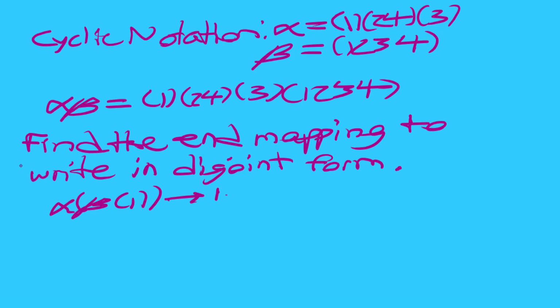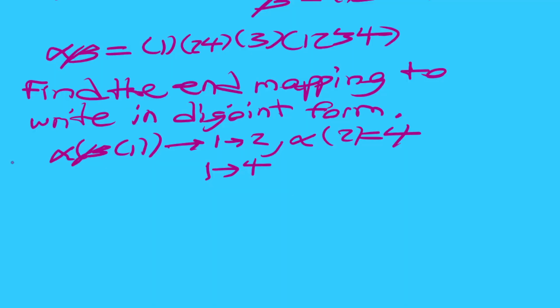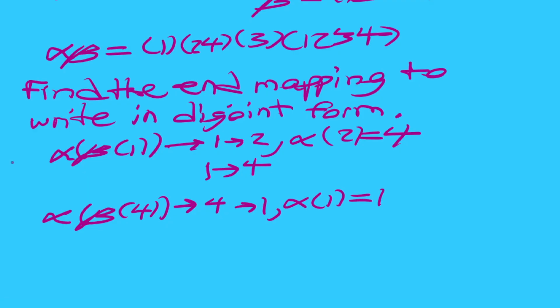So we have 1 goes to 2, so we have alpha of 2 equals 4. And then we also have 1 goes to 4. Now let's look at alpha beta of 4. So we have 4 goes to 1, so alpha of 1 equals 1. So we can write that as the cycle (1 4).